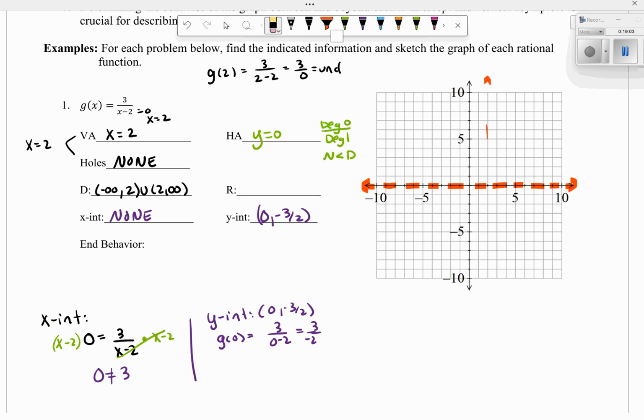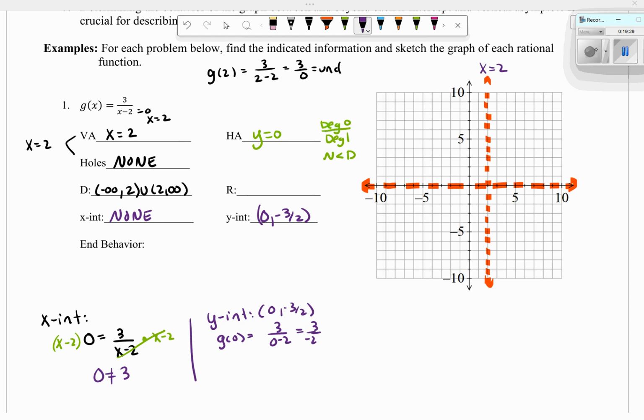I like to always graph these first. Remember that our graph is going to follow our asymptotes, so we just need to figure out where our graph is located. You have different regions, and you should always have something to the left and the right of your vertical asymptote. Our vertical asymptote is at x equals 2.